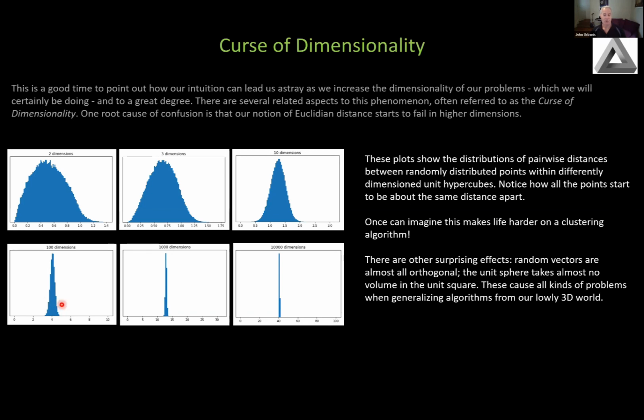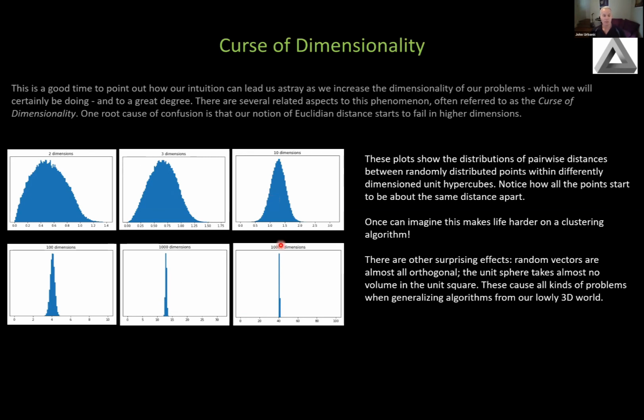It's showing us that in higher dimensions, our bell curve turns into an outright spike. In other words, all of our random points are about the same distance from each other. That's a very bizarre thing to say, right? Our randomly distributed points are all about the same distance from each other, but it's an irrefutable fact. This is the Pythagorean theorem in higher dimensions, nothing more than that, high school level geometry.